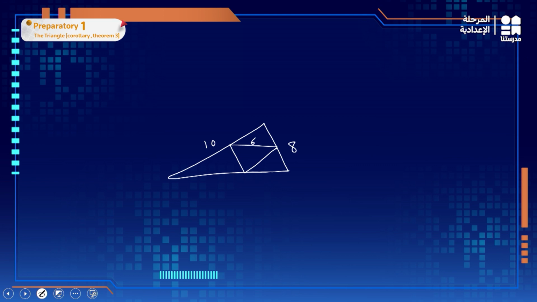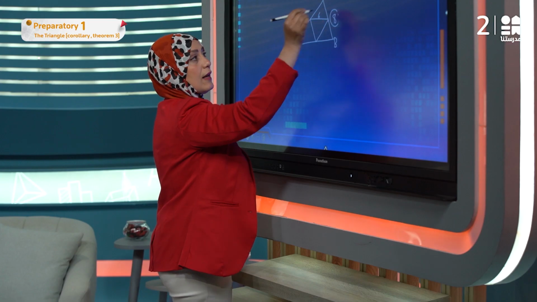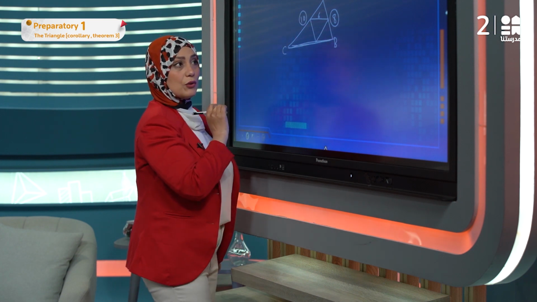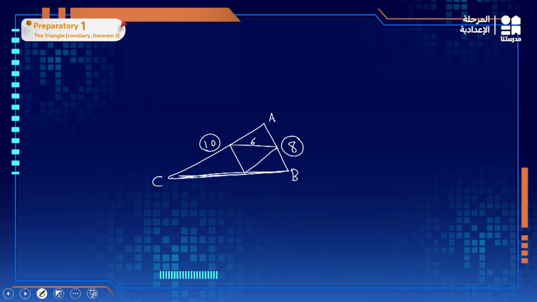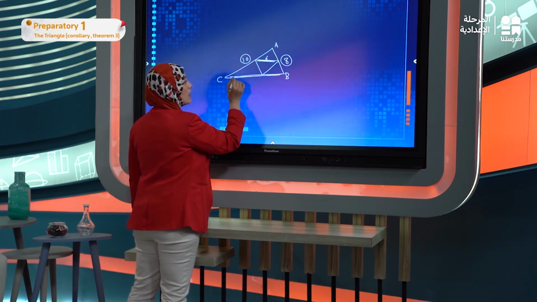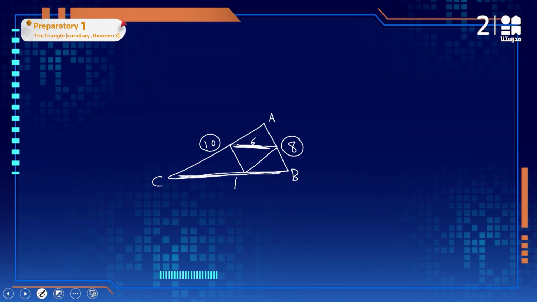So how can we find the perimeter of ABC? We know two sides of them, 8 and 10. How can we find the third one? The third one is double the smaller one that matched between the two midpoints of the other two sides. If this one is 6, it is parallel to it. So immediately BC equals 12.